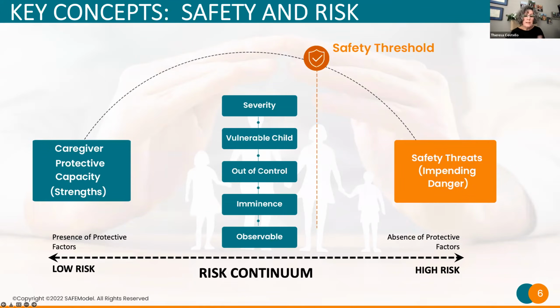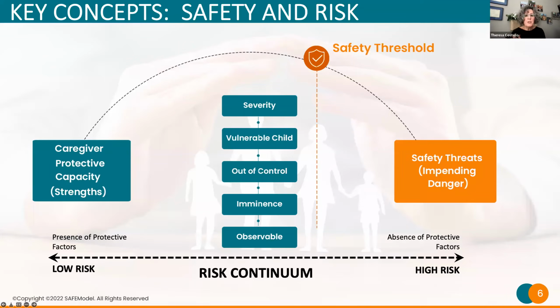So when we think about risk, we're thinking about understanding it as it progresses from a state of low risk to moderate risk to high risk. Sometimes we might even call it very high risk in certain instruments that are used. Now think about that and contrast that to the definition we just talked about of safety, which is immediate or impending threats of serious harm.